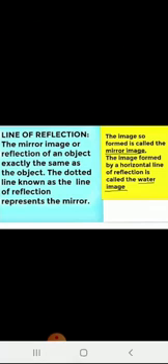The dotted line is known as the line of reflection, and it represents the mirror. The image formed is called the mirror image. Here, the image formed by a vertical line of reflection is called a mirror image. The image formed by a horizontal line of reflection is called a water image.